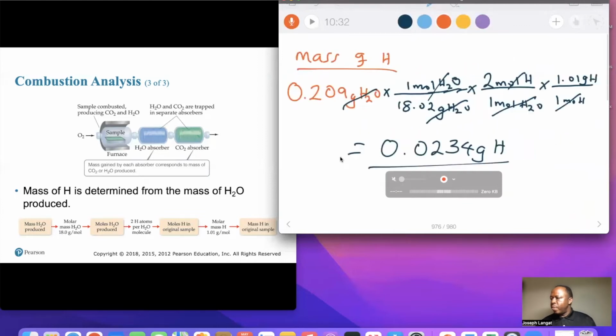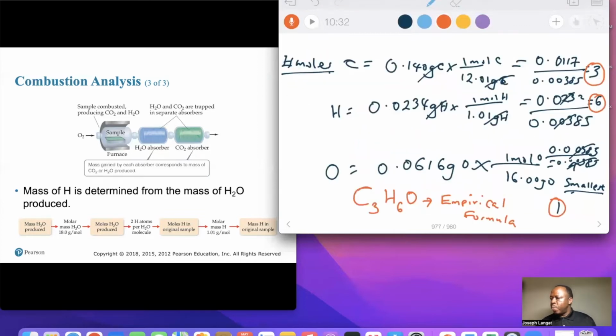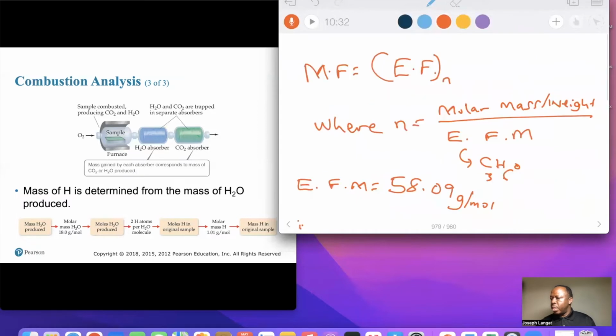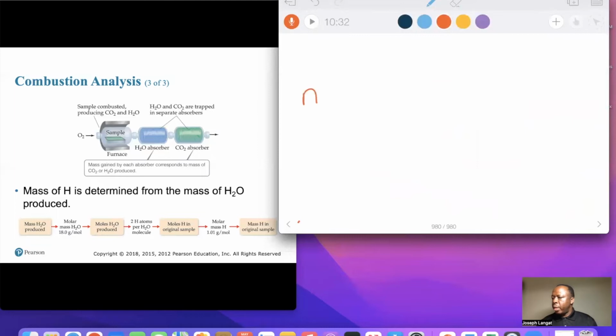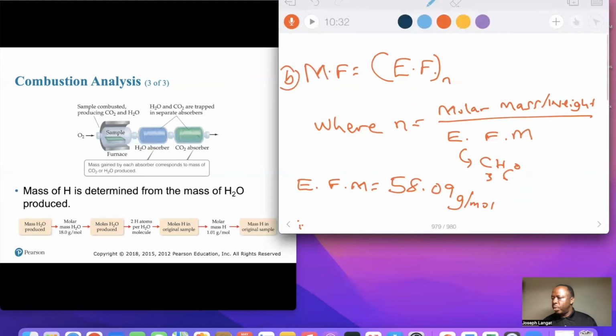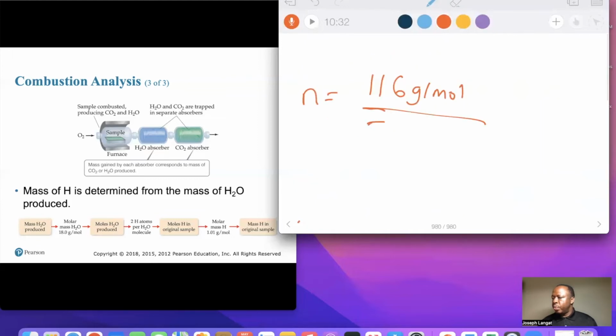The reason why we are given that is so that we find the molecular formula. So here, n is 116 grams per mole over 58.09 grams per mole, and n is 2.